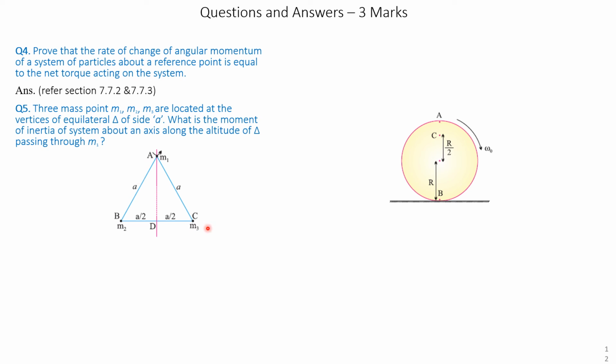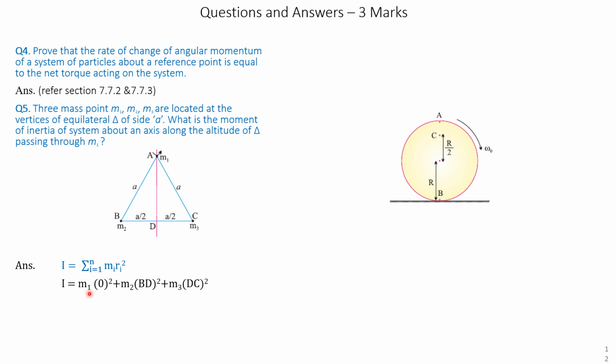A, B and C are the three vertices and masses are three mass points: M1 at A, M2 at B and M3 at C. This is an equilateral triangle. Each side is a, as shown in the figure. So if you draw a perpendicular from A to BC, we get BD = a/2 and DC = a/2. Therefore, I = sigma i = 1 to n of mi ri², where m is the mass and r is the distance.